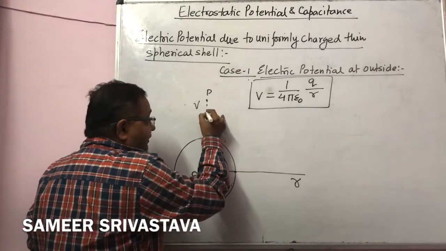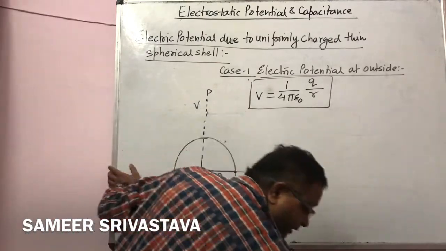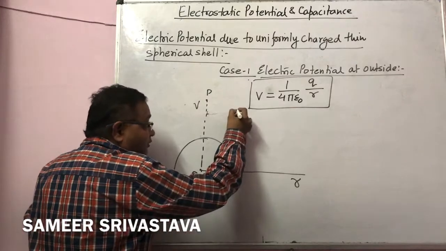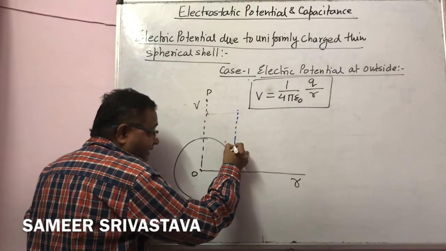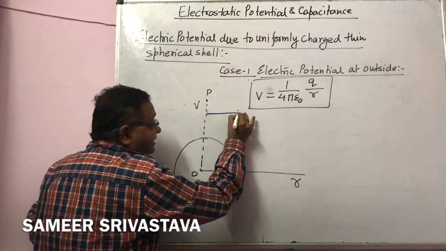So from here to here the potential value is the same, from 0 to r.